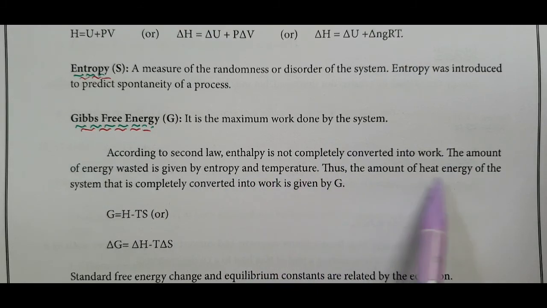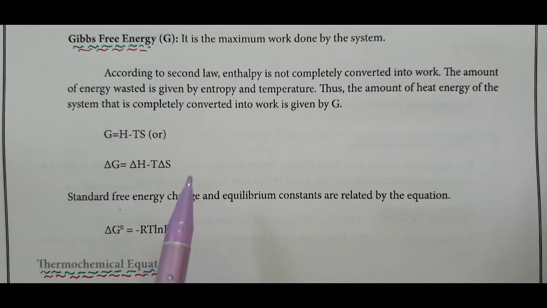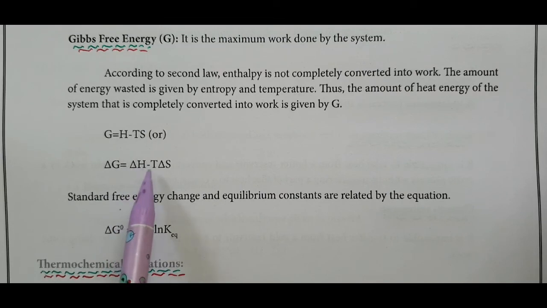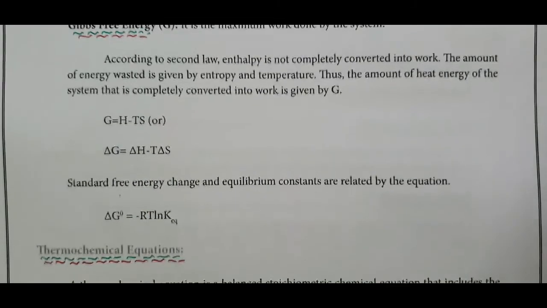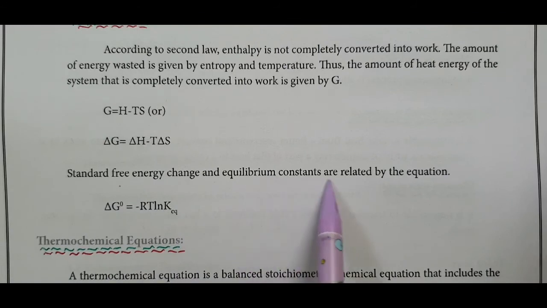Thus, the amount of heat energy of the system that is completely converted into work is given by G. G equal to H minus TS at constant temperature. Delta G, change in free energy, equal to change in enthalpy minus T into change in entropy. Standard free energy change and equilibrium constant are related by the equation delta G naught equal to minus RT ln K equilibrium.